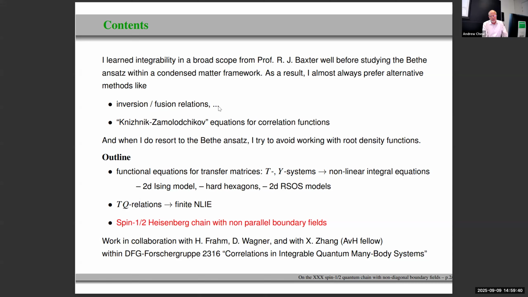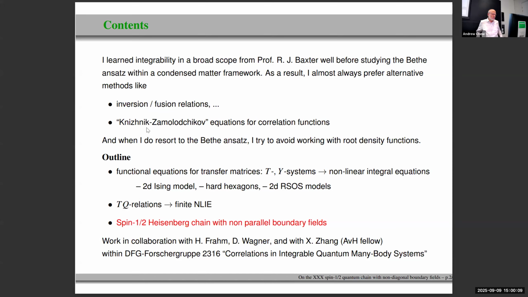When you look at Baxter's book on the solution of the 8-vertex model, he derives TQ relations without Bethe ansatz, and he solves TQ relations without referring to or using density functions for the roots. Maybe less known is that he belongs to those who used Knizhnik-Zamolodchikov equations for correlation functions very early.